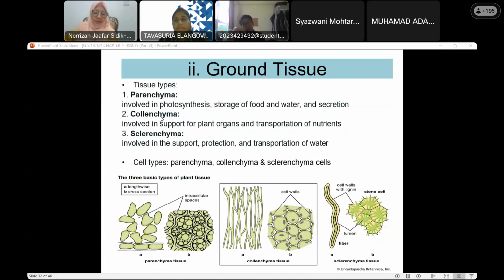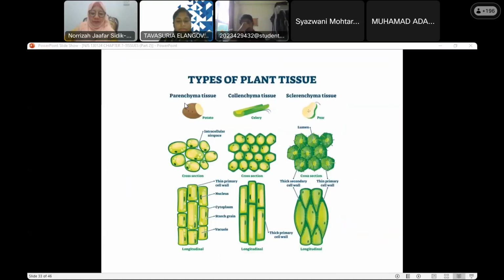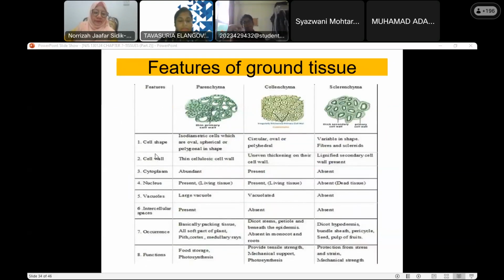All these have different characteristics in terms of cell shape, cell wall, cytoplasm, nucleus, vacuoles, intercellular spaces, occurrence, and functions. We look at the features first, the parenchyma here.